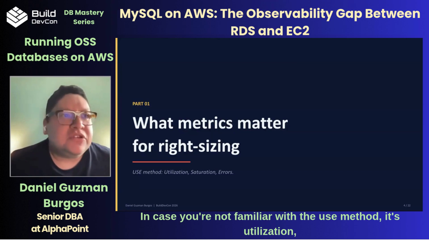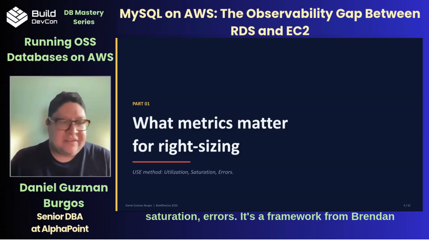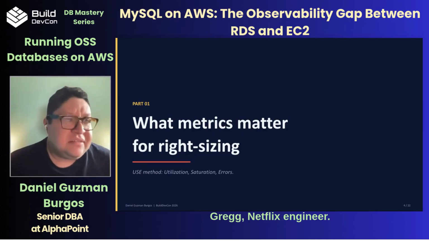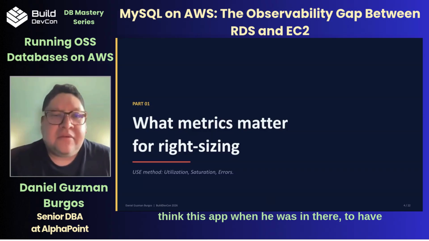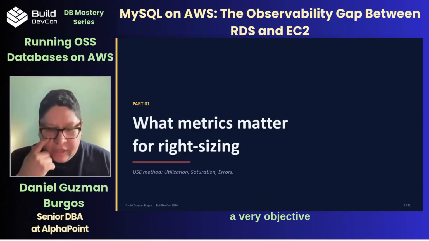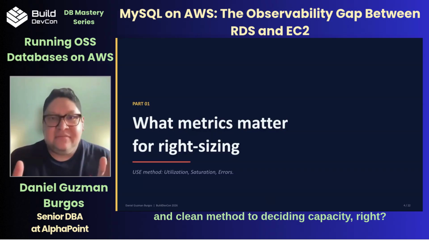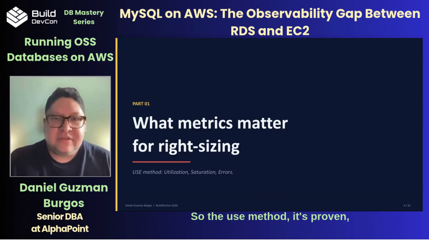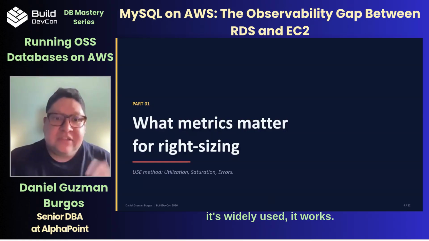In case you're not familiar with it, USE is utilization, saturation, errors. It's a framework from Brendan Gregg, a Netflix engineer. I don't know if he's still at Netflix, but he developed this when he was there to have a very objective and clean method for deciding capacity. The USE method is proven, widely used, and it works.